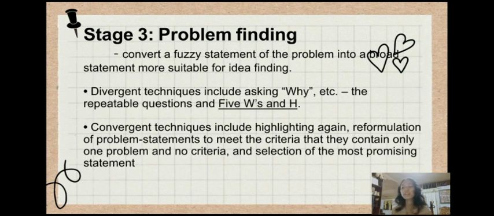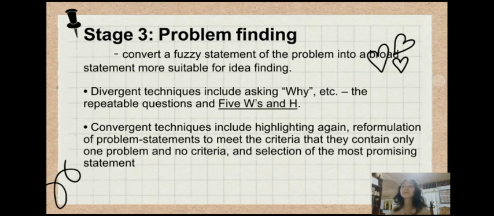Then we have our divergent techniques, which include asking why, etc., the repeatable questions of the 5 W's, and how, like nganong naglisod ka ani nga subject, then nganong nag-fail ka ani nga subject, nganong kayo kasabot ani nga topic, like the series of whys.